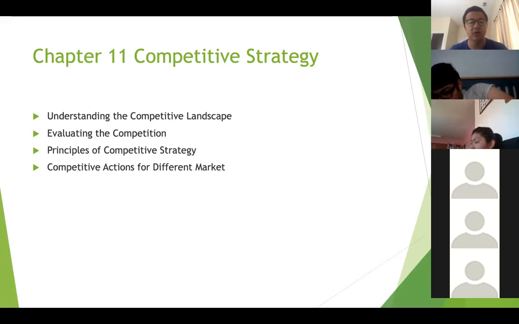The sequence of this chapter is: first, understanding the competitive landscape; then evaluating the competition; third, principles of competitive strategy; and last, competitive actions for different markets.